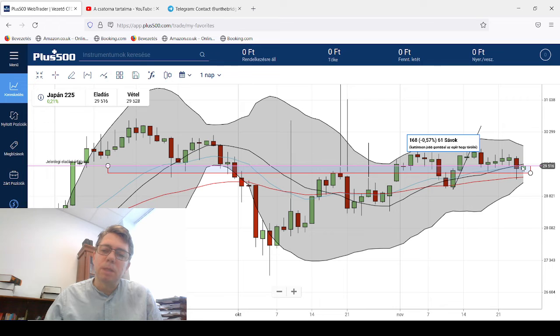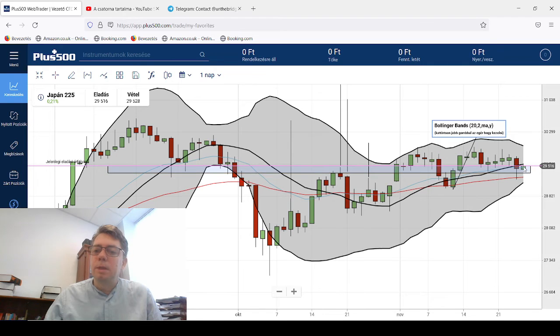Hopefully we close this candle body above there. That's still bullish, but we need to get out of this area of support and break above there so we could continue this bull run.